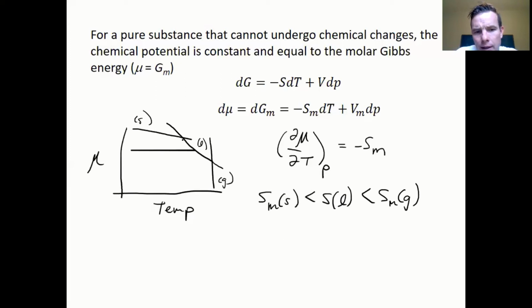At some point, the chemical potential of the liquid will drop below it, and the system will spontaneously transition from a solid to a liquid. This temperature right here is the melting temperature. If I continue, at some point the gas becomes lower in chemical potential than the liquid, and it will vaporize. This explains the stability of phases.